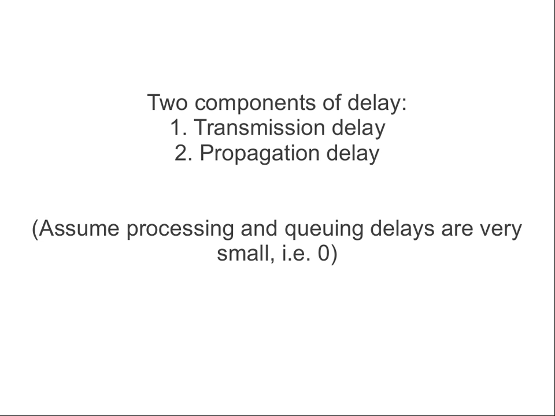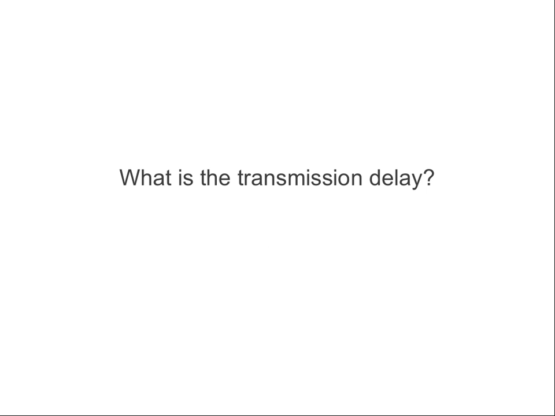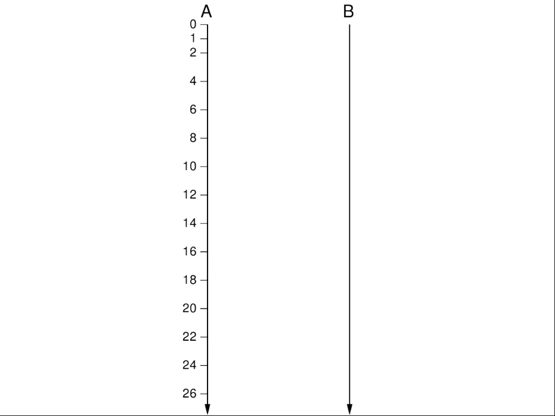So first, let's explain how to calculate transmission delay. The time it takes to transmit the data out of my computer, the source A. What is the transmission delay? And I'll try and explain how that is calculated by using this diagram. The diagram shows computer A, the transmitter, computer B, they're separated by 4.5 kilometre link.